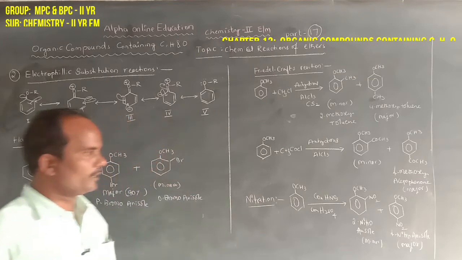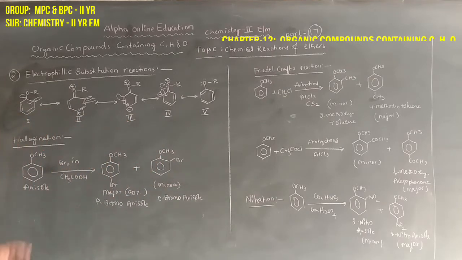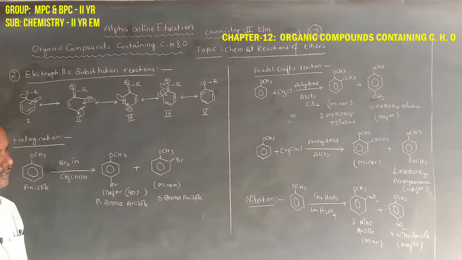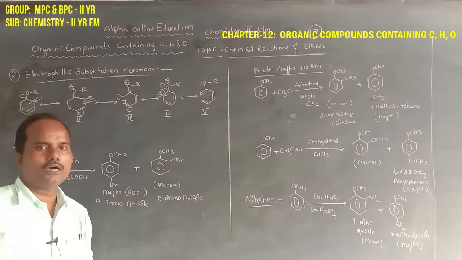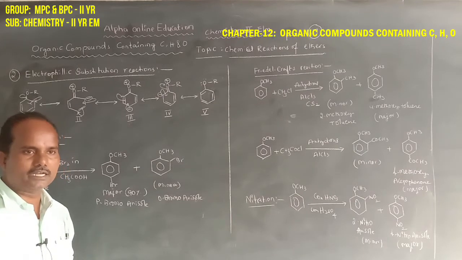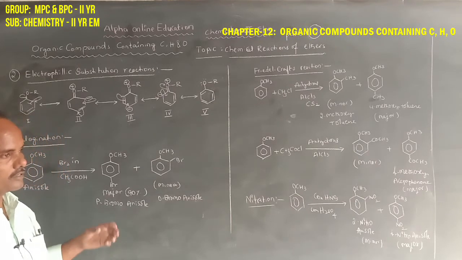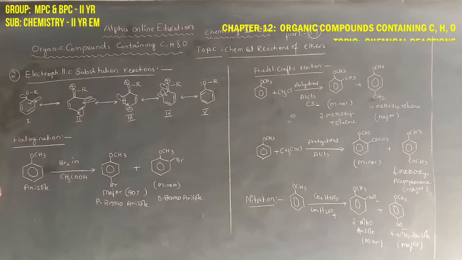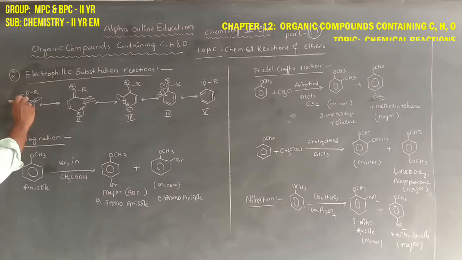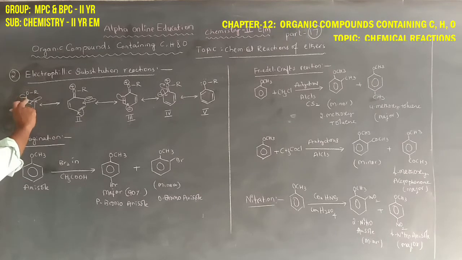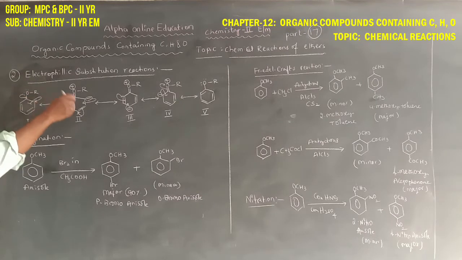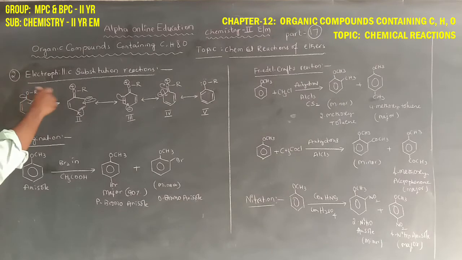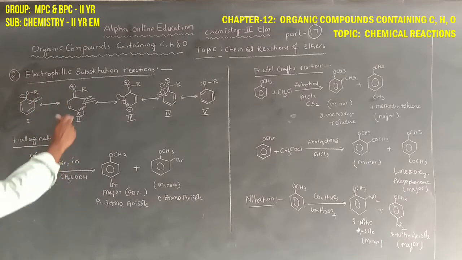Aromatic ethers are involved in electrophilic substitution reactions because of more electron density in the aromatic ring at ortho and para positions, since the alkoxy group donates electrons into the aromatic ring. This carbon is sp2 carbon, so in general the electron cloud is attracted into the aromatic ring.